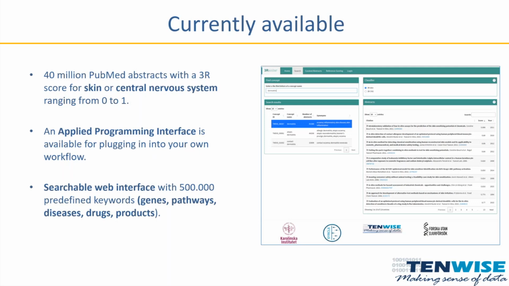So there's still searching involved, but not searching with 3R terms. That is very difficult, because what is a 3R term? But only searching with the terms that represent probably your biological question of interest or the process that you're studying.